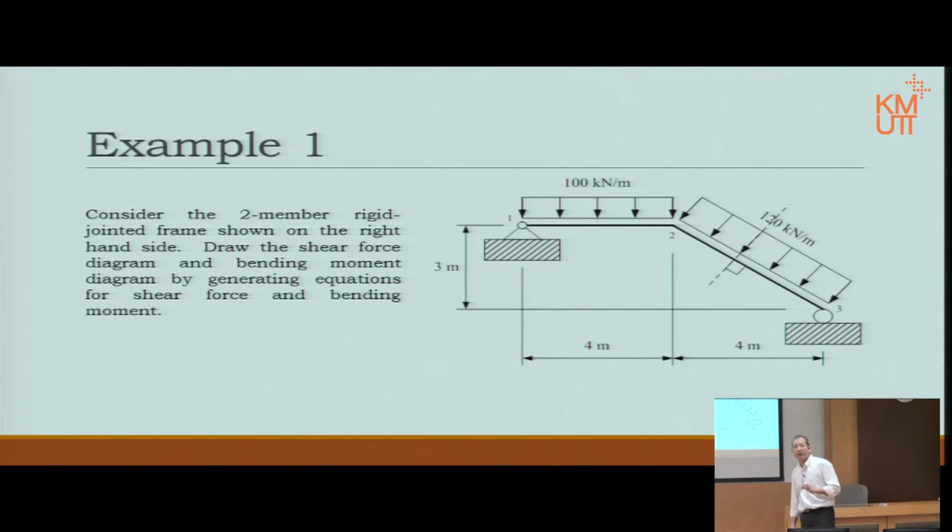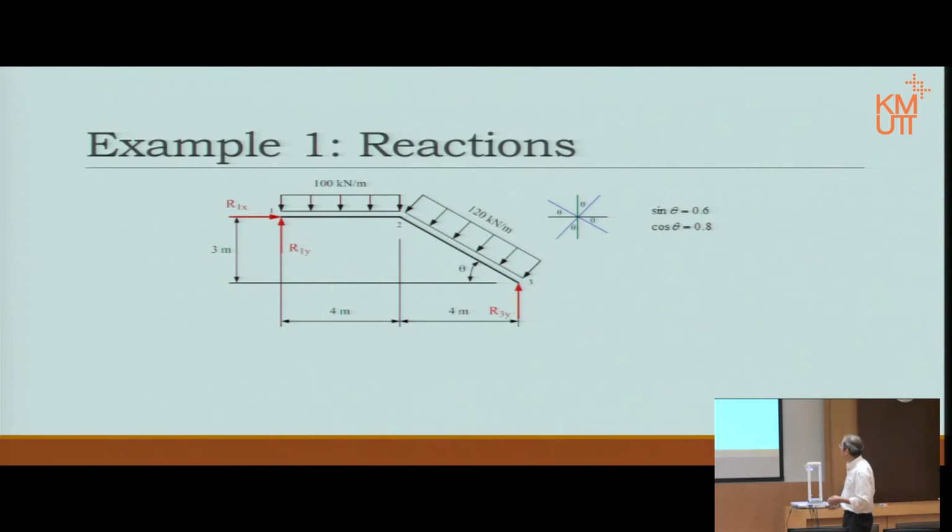using equations, or basically using functions. Generate the equations first and then draw according to the functions. Okay, let's go. The first step, as usual, is to find reactions. When we talk about the angle, we have to relate the angle because we have to use sine and cosine, correct?